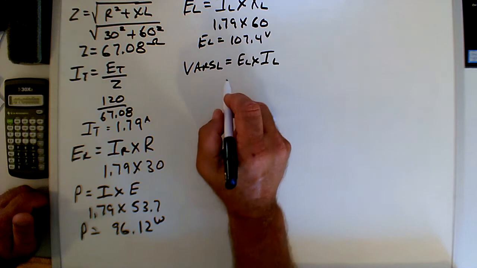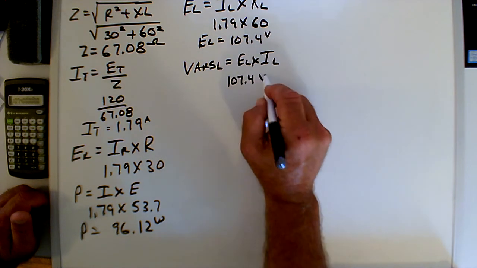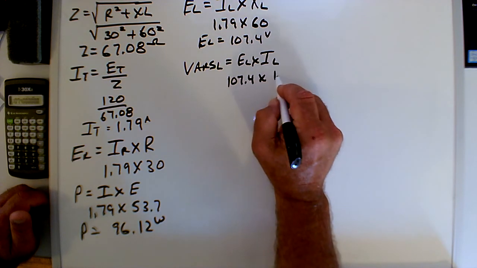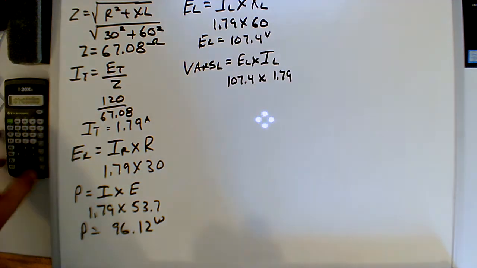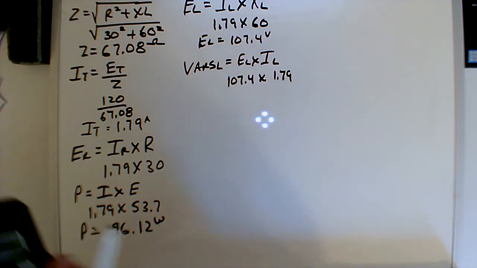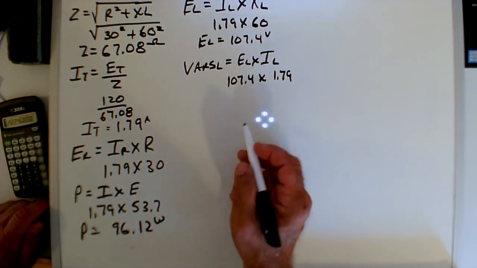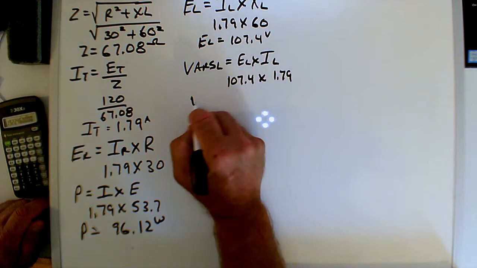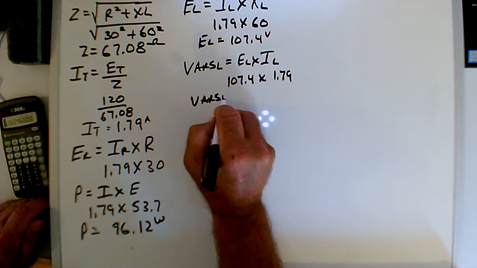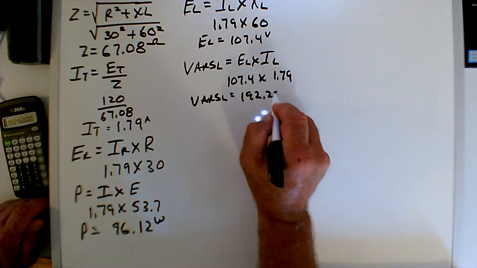In this case, EL is 107.4 times 1.79. And VARS L would be 192.25.